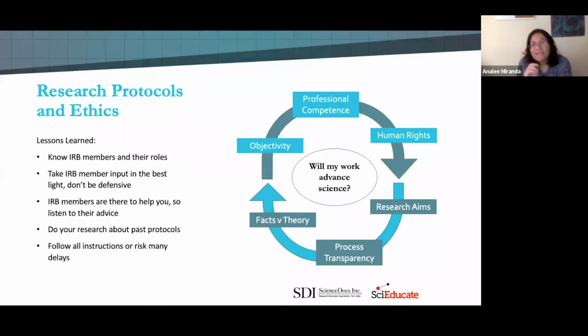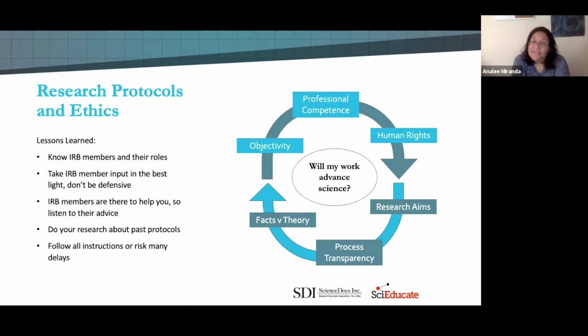And whenever you're engaging in any study, whether it's for the IRB or not, you always have to remember all of these particular points. And the underlying question for all of these points is, will my work advance science? And so because of that, some of the lessons I learned from that is know the IRB members and their roles, because each IRB member has a particular role to play.